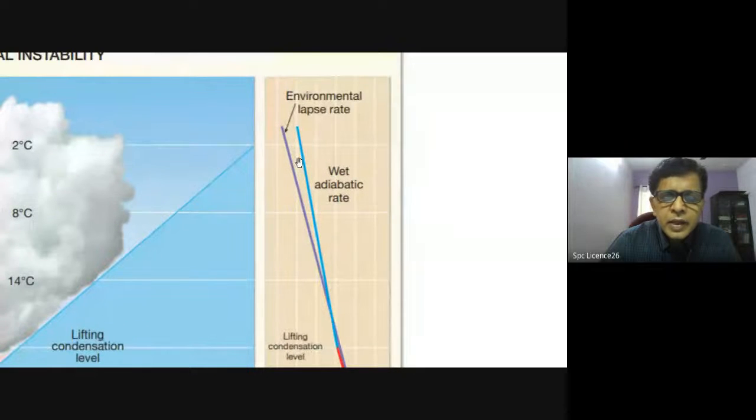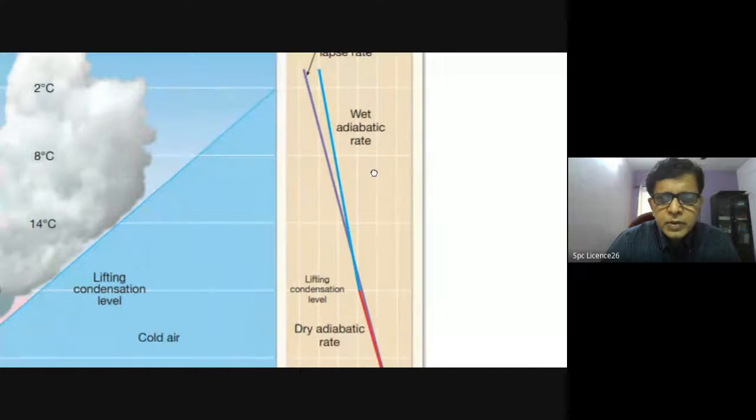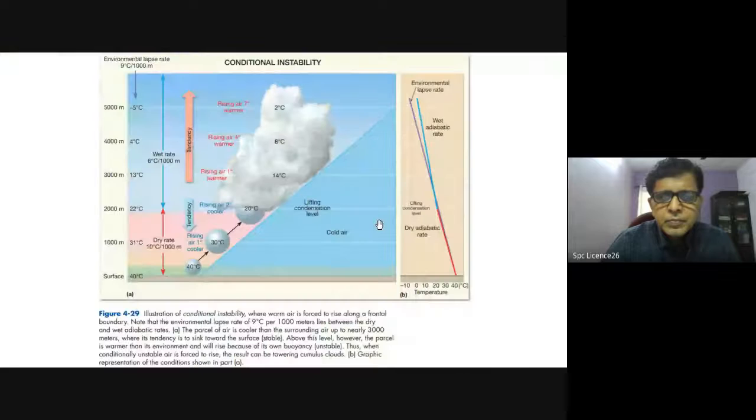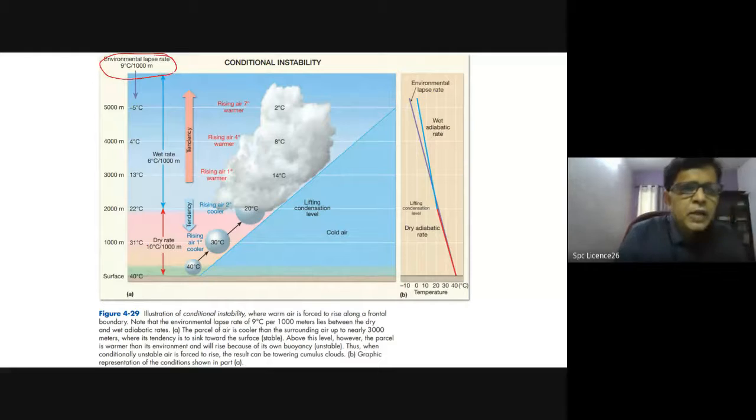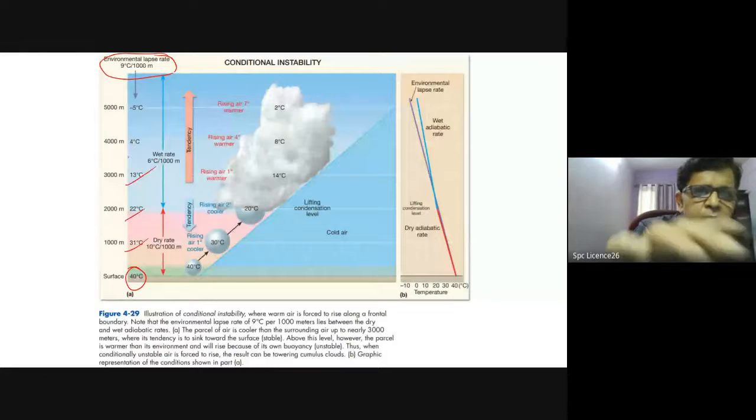The environmental lapse rate is straight, but this curve keeps on twitching here and there. So here you have a conditional environmental lapse rate of 9 degrees. If you start at 40 degrees, it will come down to 31, 22, 13, 4, and minus 5.